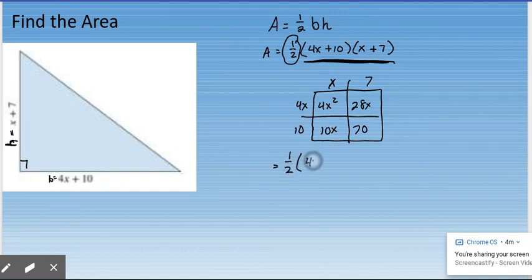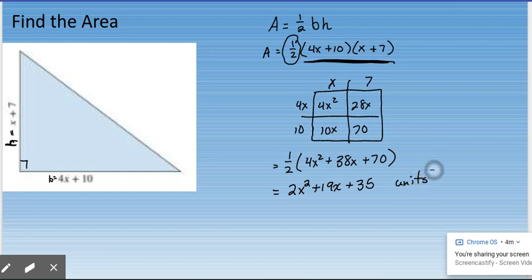So I have 4x squared plus 38x plus 70, and then I have to do half of that. 1/2 times 4x squared is 2x squared. 1/2 times 38x is positive 19x. And 1/2 times 70 is positive 35. And this would be my area.